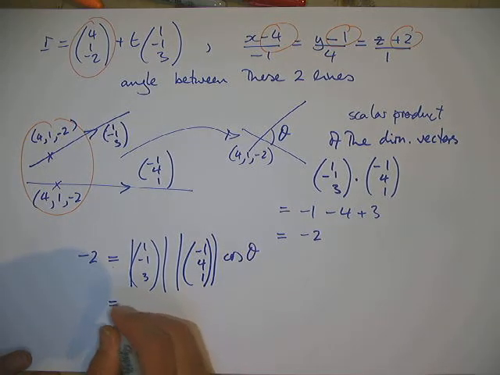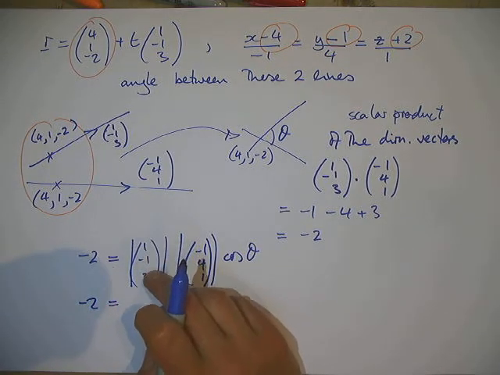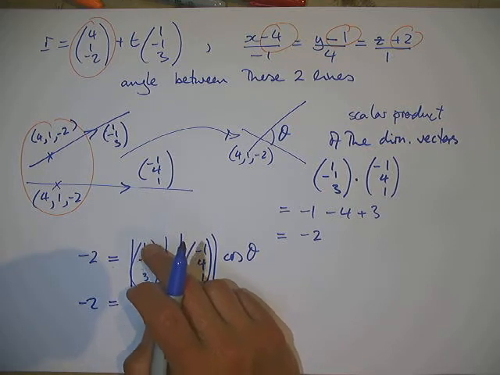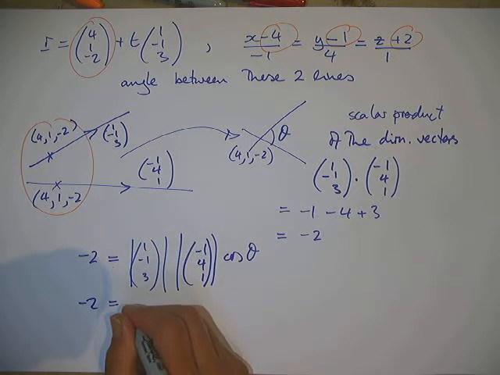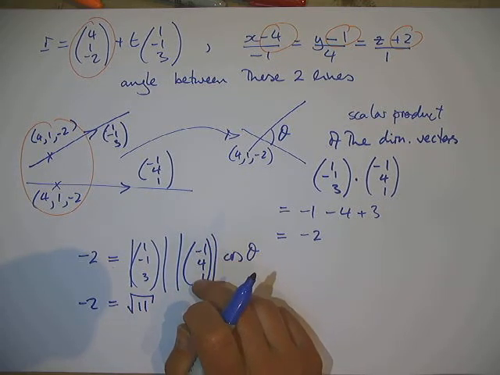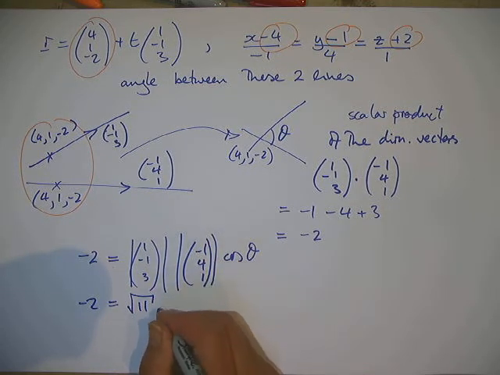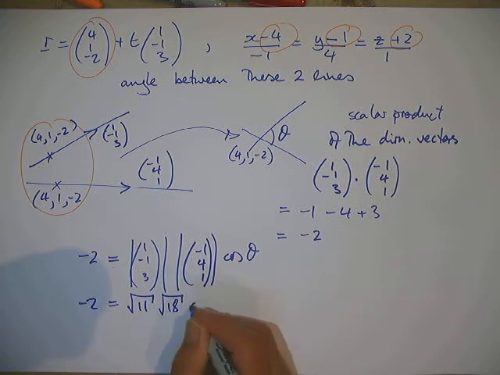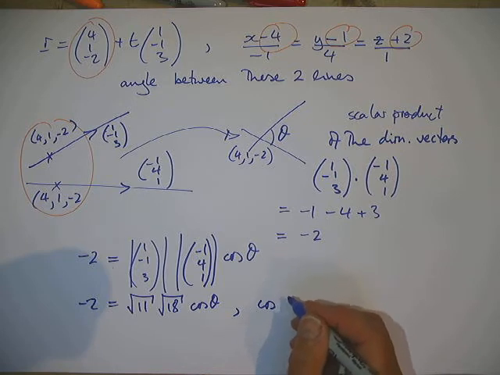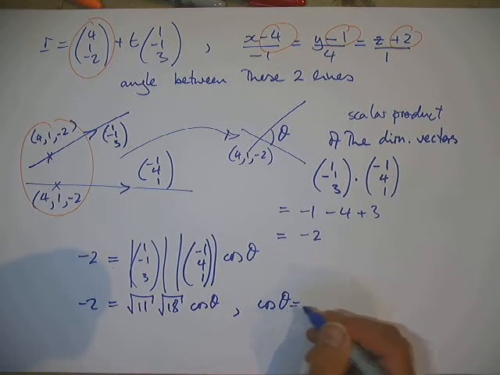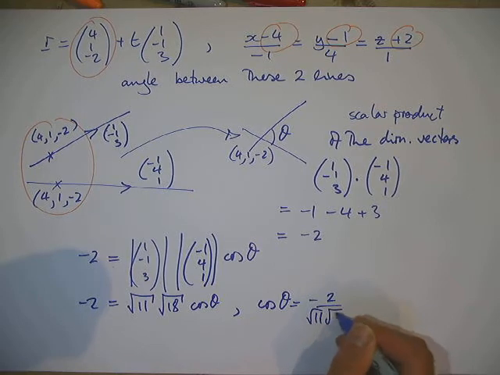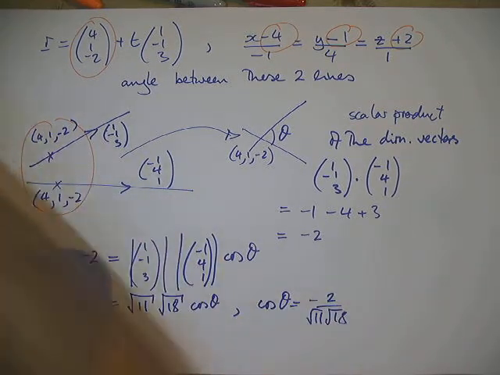Okay, so -2. Now the modulus of that: square the components, 1 squared, -1 squared, and 3 squared, so 1 plus 1 plus 9 is 11. So the modulus is root 11. 1 plus 1 is 2, plus 16 is 18, so root 18. Cosine of the angle between them is -2 over root 11 root 18.